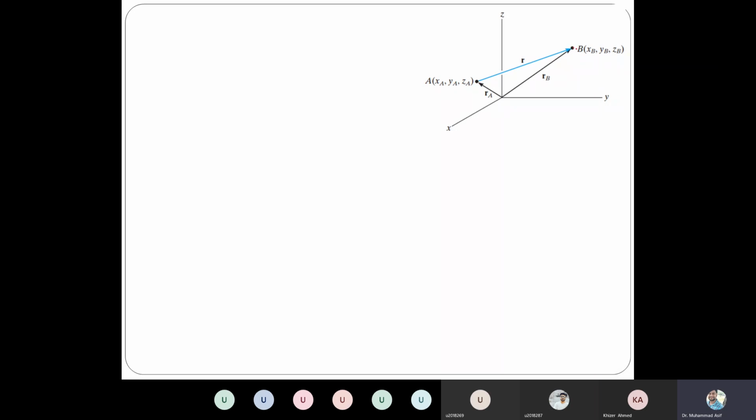So we can also specify the position of point B with reference to point A. Please look at the head. When the head is towards point B, it is asking for the position of point B with reference to A, right? You have to see the direction of the arrow. That means the position vector of B with reference to A.